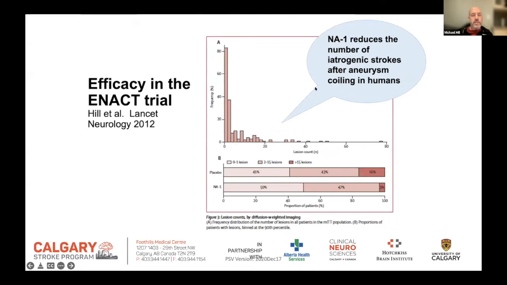So we first looked at this in humans, in patients getting endovascular coiling for aneurysms, and this was done in the ENACT trial. And Ed, this is very similar and interesting to what you described about microspheres, and we did this with microspheres in monkeys as well. But in humans, we were able to show that using MRI as a surrogate. So if you coil an aneurysm, you get multiple small infarcts on MR. You can actually reduce the number of those infarcts that are evident on MR. So MR is a surrogate outcome.